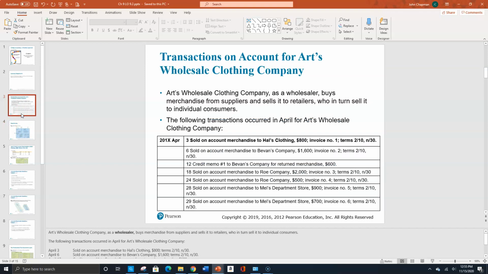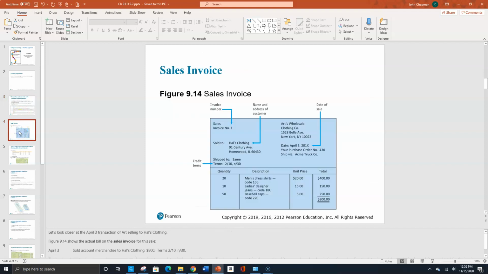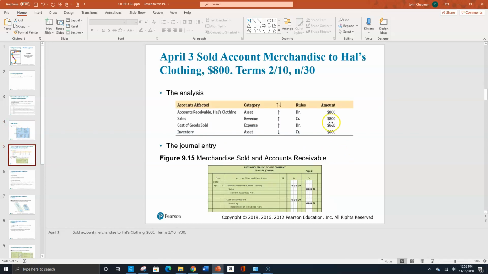And it really doesn't say. It would have to tell you what the cost of that merchandise is, and I'm not seeing it anywhere. So we just have to assume that was given to us, okay? So the journal entry below: debit accounts receivable, credit sales, $800. Debit cost of goods sold, credit inventory for that cost of the inventory.